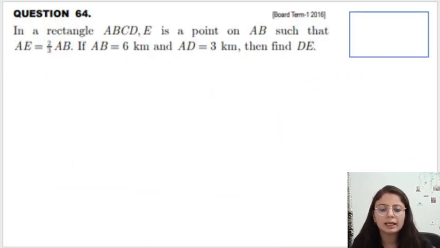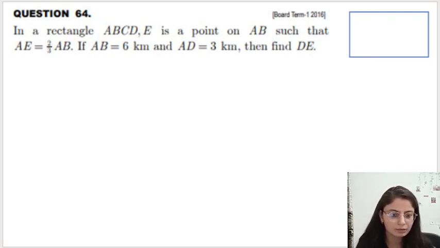In a rectangle ABCD, E is a point on AB such that AE is 2/3 of AB. If AB is 6 kilometers and AD is 3 kilometers, then find DE. Okay, so for this question we have to draw a figure. So I already have this figure.